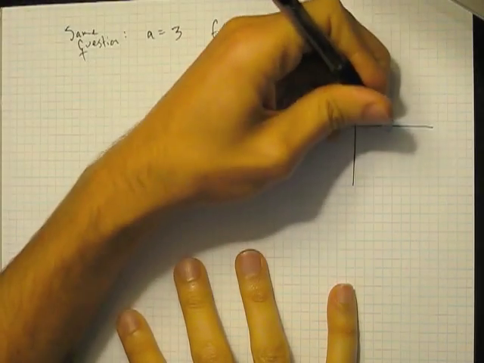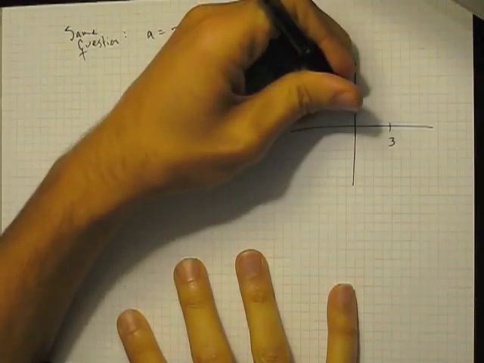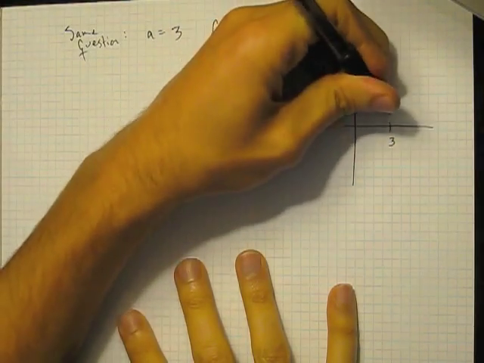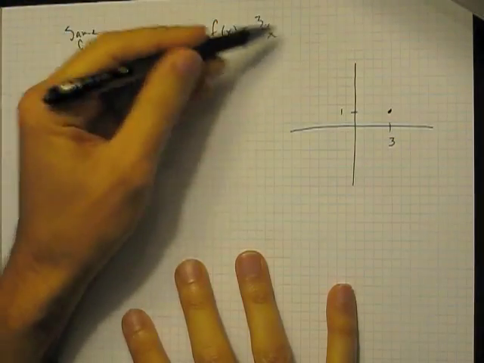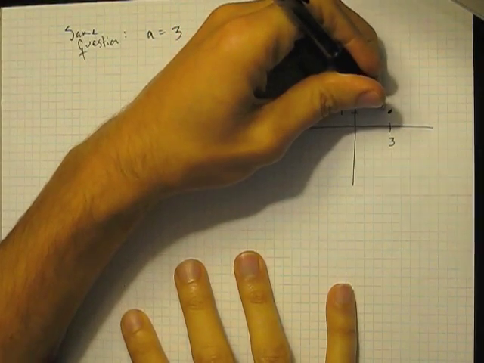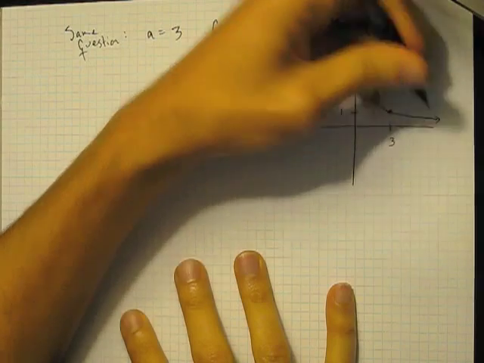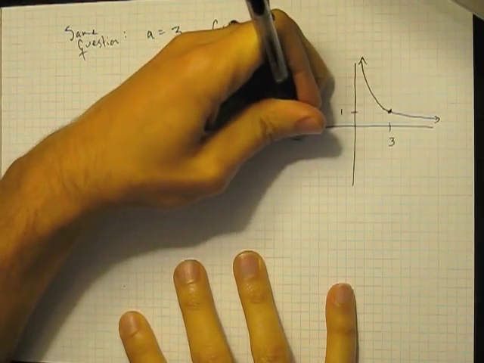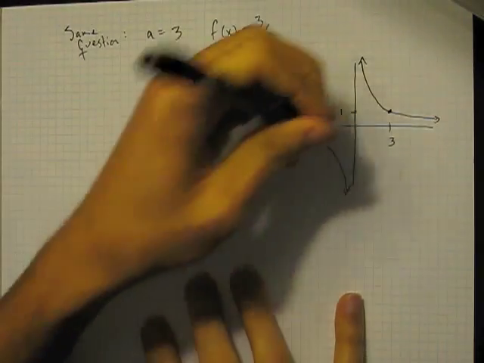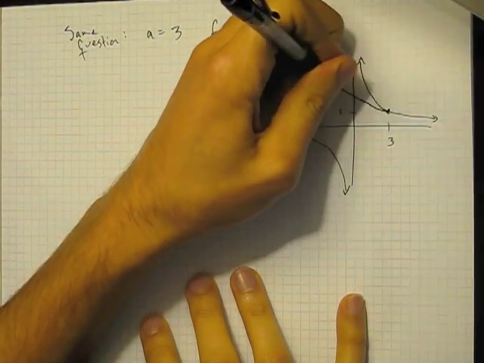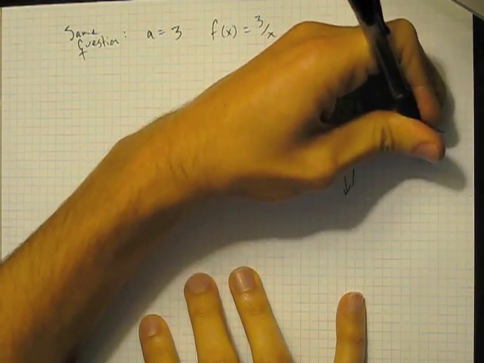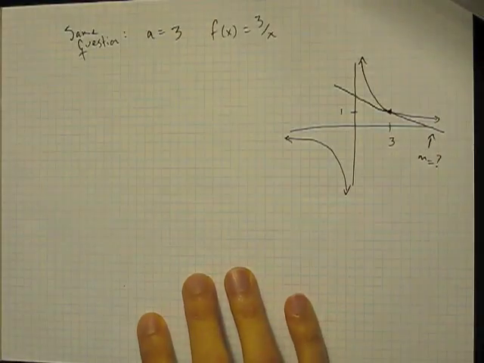At 3, we're going to be at height 1, and so this is a function that will pass through that point right there. It'll have an asymptote at x equals 0. It'll look something like this, and then it'll look like that on the other side, just if you were wondering. But we're computing here the slope of this line. So what is the slope of that line?